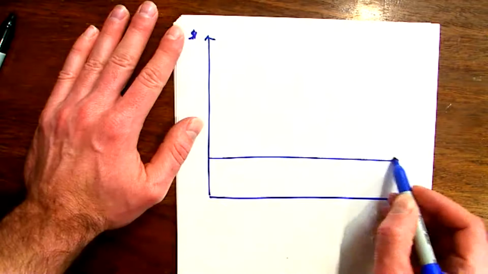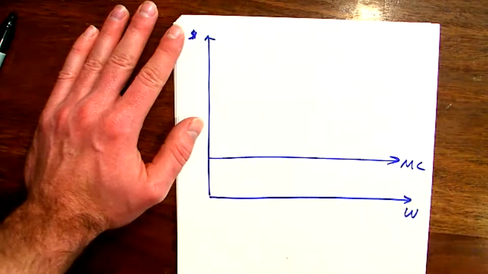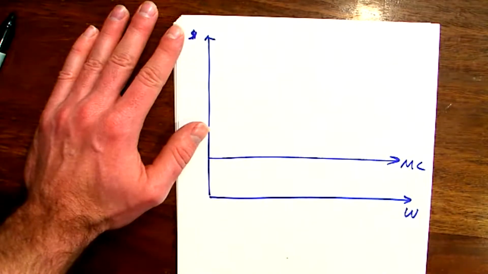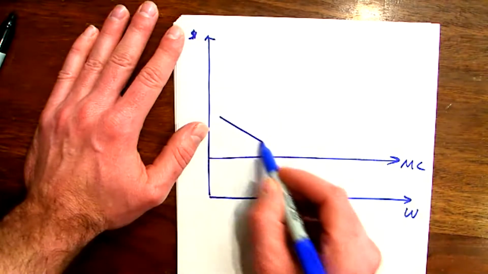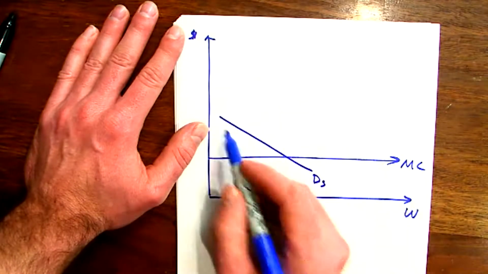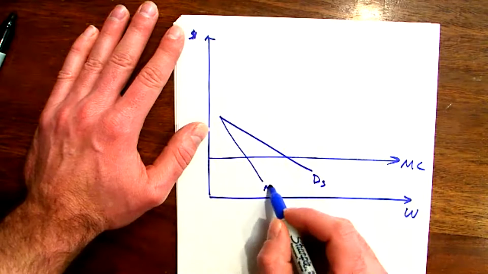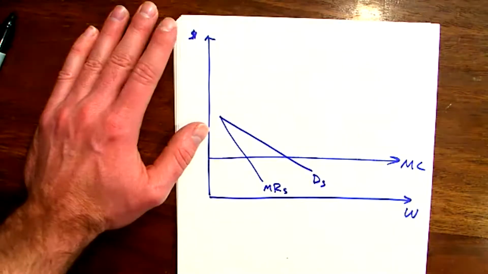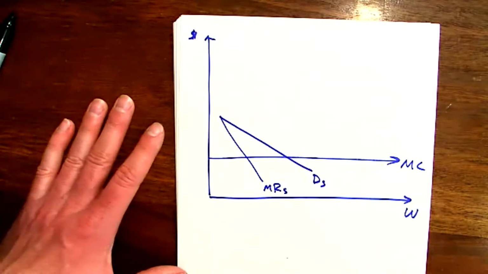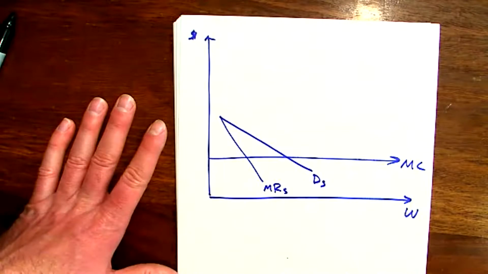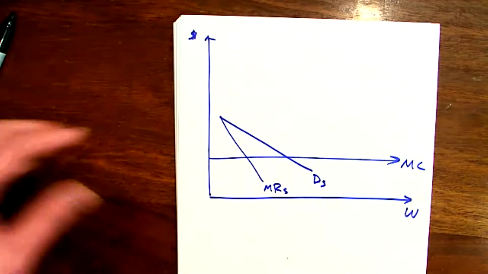So let's assume that both teams have the same marginal cost curves just to make it easy. Right? And then let's say we've got a small market team with the demand and marginal revenue curve here. And let's think of a weird scenario.